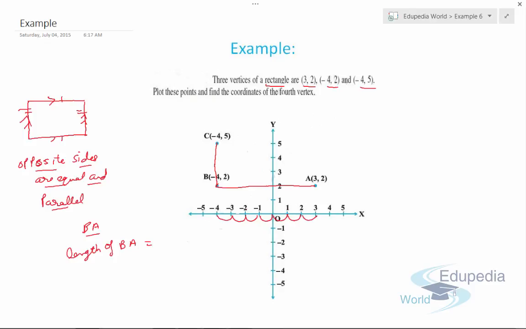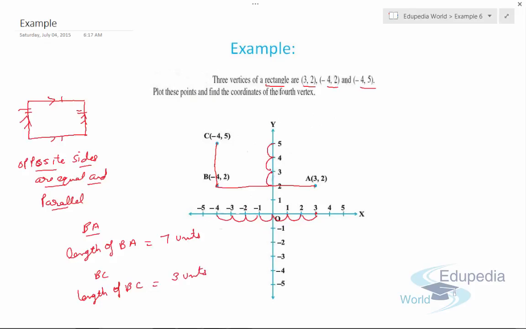And if we measure the side BC, the length of BC will be 1 unit, 2 unit and 3 unit, so it will be 3 units.